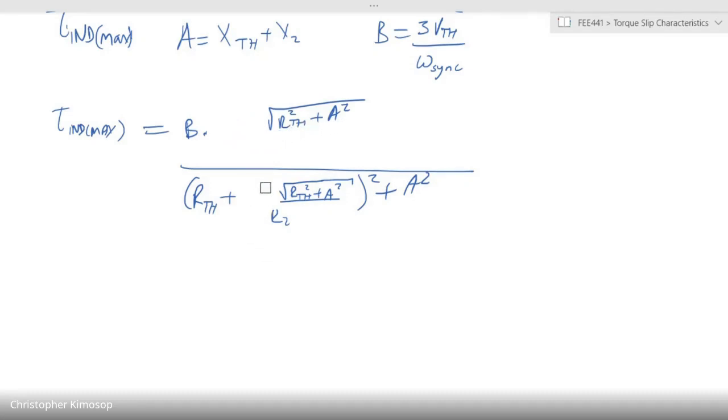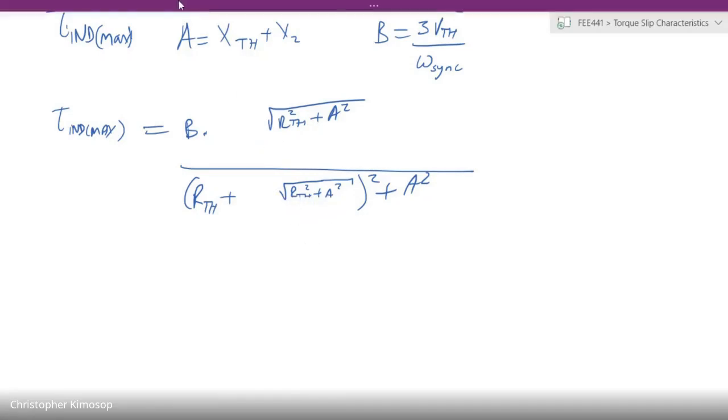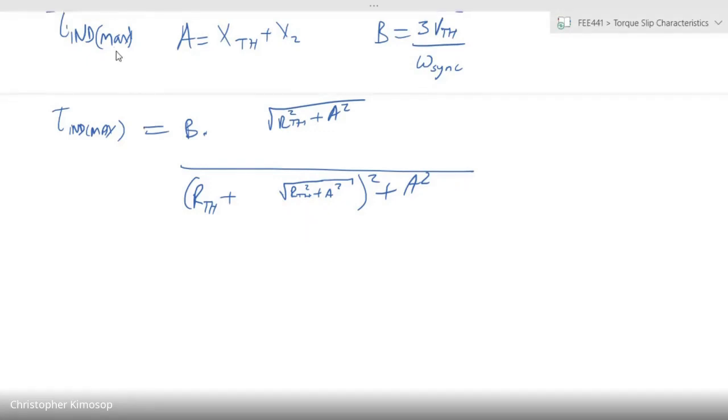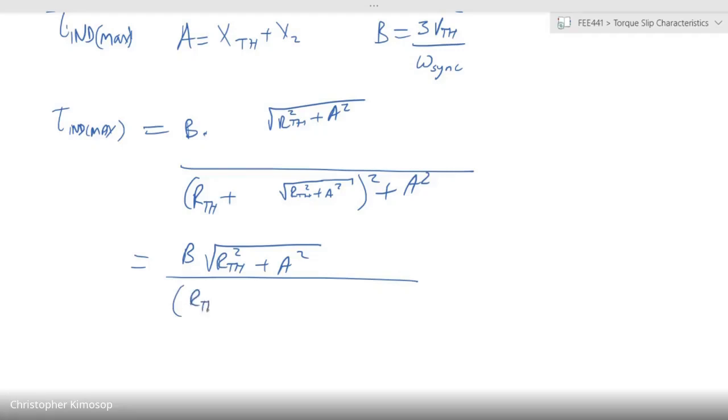And similarly, you erase this, which cancels out with the other one. So then that gives us B times the square root of R1 squared plus A squared over R1 plus the square root of R1 squared plus A squared, all squared, plus A squared.